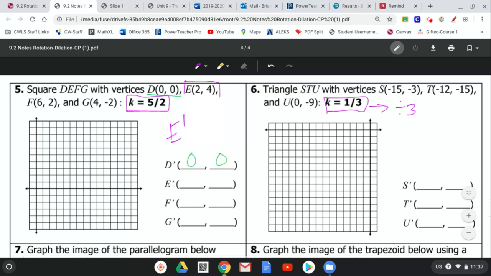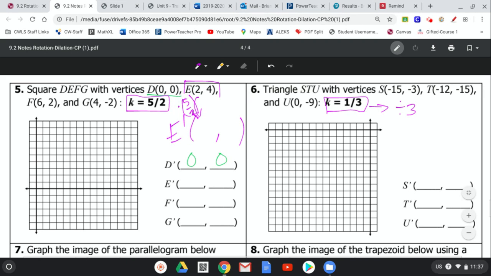So if we're finding E prime, we're going to take this 2 and multiply by 5 halves. Now, when you multiply by 5 halves, the important part is you need to put that 5 halves in parentheses. When you don't have 1 in the numerator of a fraction, you can't just divide. So we're going back to the original kind of problem where we're just multiplying.